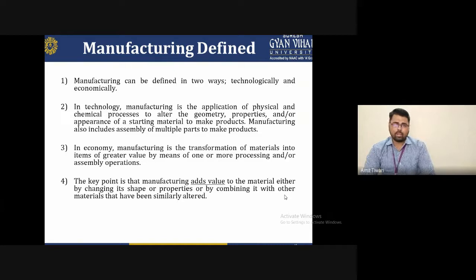The different technologies are important, but economics is the most important. If you manufacture a product and its price is in a very huge range, then everybody will not purchase it easily, because of limitations in human capability.